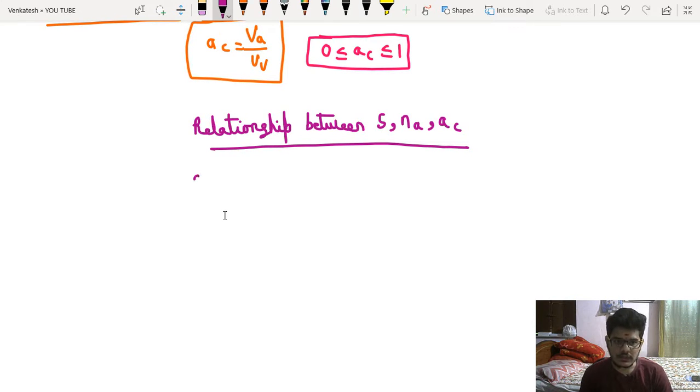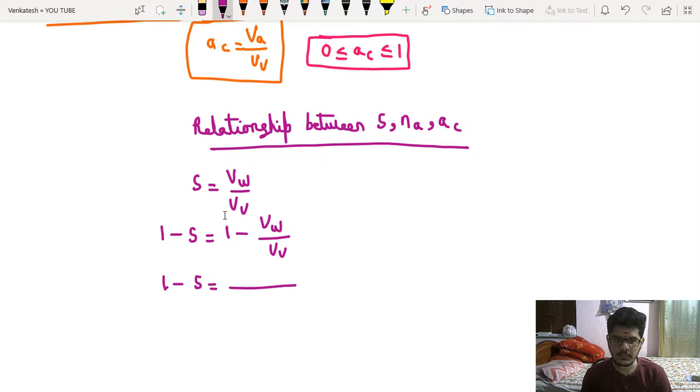So S is equal to volume of water to the volume of voids. So on both sides, if we subtract 1, then 1 minus S is equal to, what will happen?